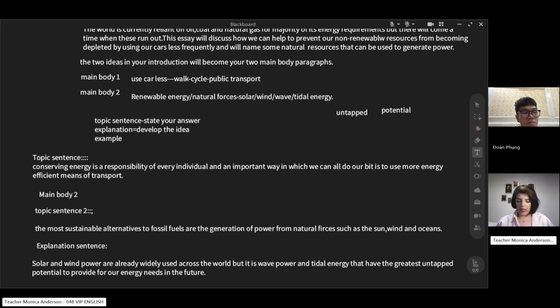So just let me briefly talk about examples in IELTS writing. Of course, maybe you don't have any idea, you don't know anything about this type of energy resources. You can make up an example.